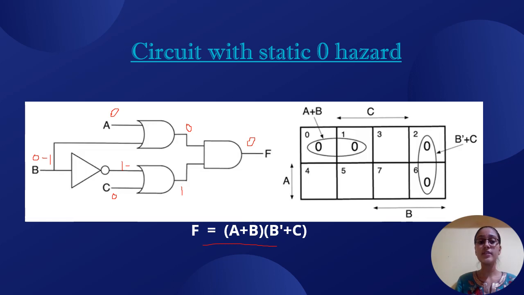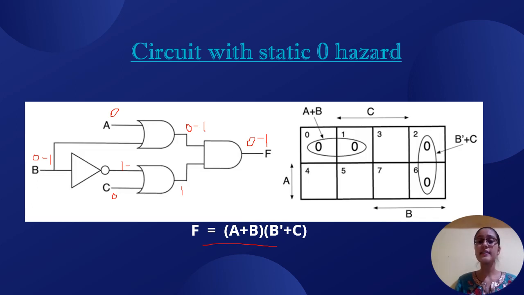So this will be 1 only, and here I have changed B to 1. So the output of the first OR gate will be 1. So we have got a 1 and 1 condition, and hence the output changes to 1. Here we can see the static zero hazard condition.